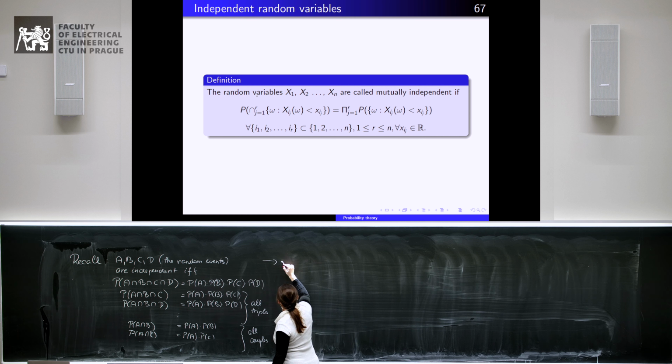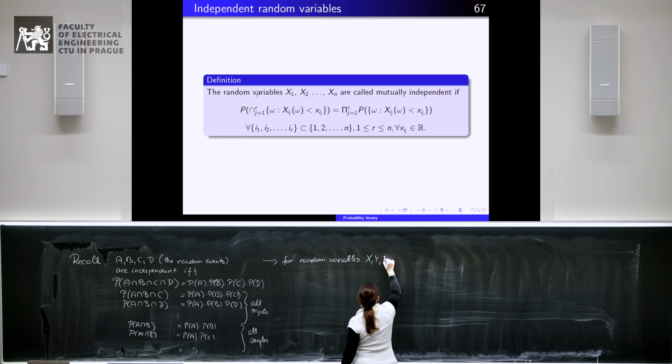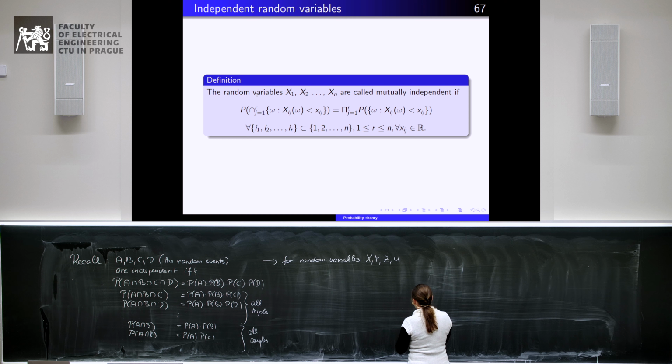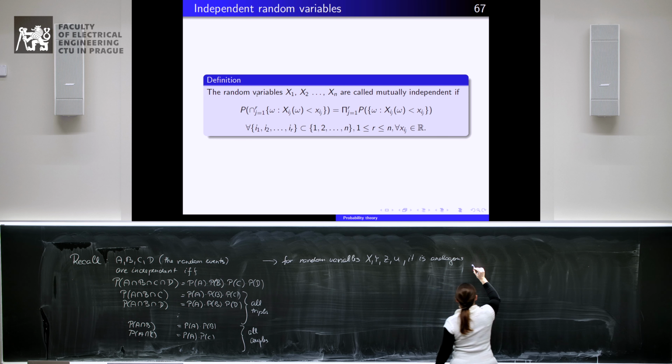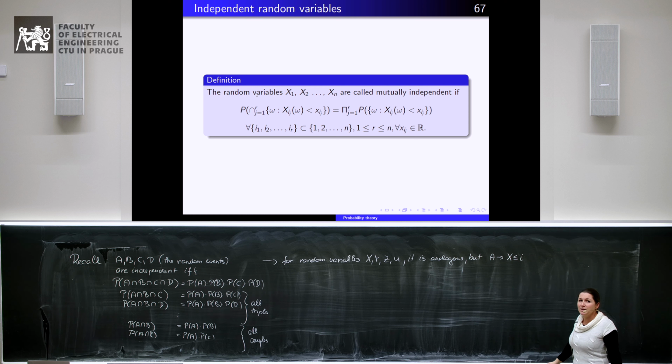So for random variables x, y, z, u, it is analogous, but instead of A, we must have some behavior of X, and the general behavior which can be described is, for example, that X is less or equal to i, because it is satisfied for discrete random variables, continuous, or it can be described by the probability for discrete random variables, continuous random variables, their combinations, and so on.